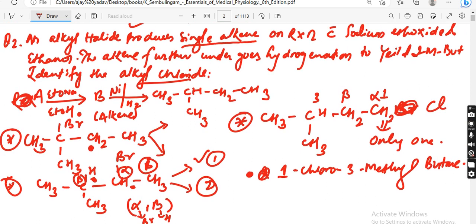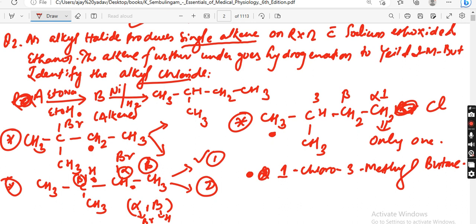What if the chlorine was here? Okay, once more, let us revise. What was the product to us? Product to us is this one.